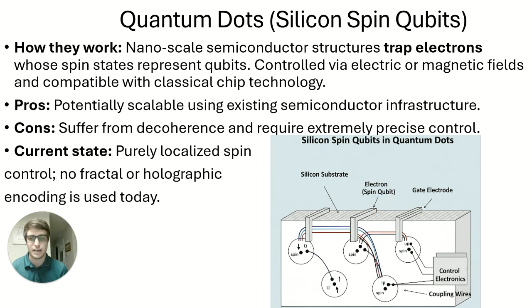And this is actually not used in any fractal or holographic way to increase the computation ability of many qubits because it's on a silicon substrate. But maybe they might think of some way to use it on another substrate which would be scalable.